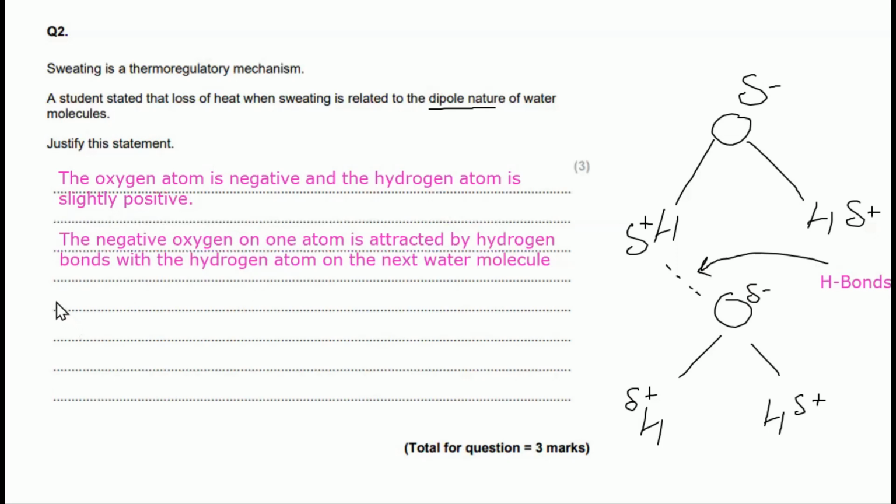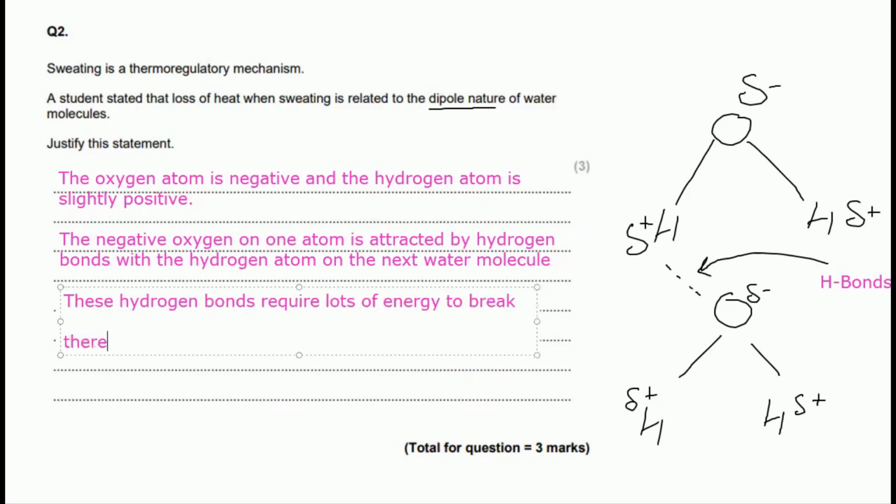Now, why does that make it a good thermoregulatory mechanism for regulating our temperature? These hydrogen bonds, whoopsie, require lots of energy to break. Okay, so they require lots and lots of energy to break. Therefore, water has a high latent heat. Now, you can use the word evaporation or you can say vaporization, so of evaporation.